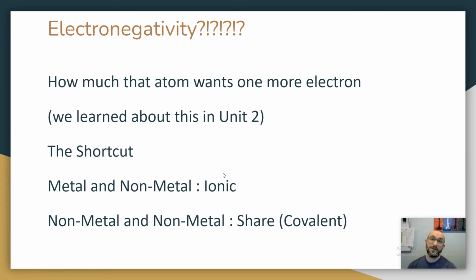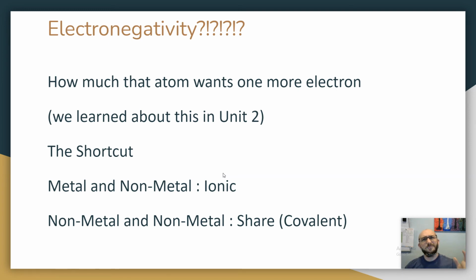We did learn about electronegativity. It is how much it wants 1 more electron. That's it. So if you got 2 atoms that really want 1 more electron, they're going to share. But if you got 1 atom that really wants an electron, and 1 atom that doesn't really care, they're going to become ions instead. There's going to be stealing going on.